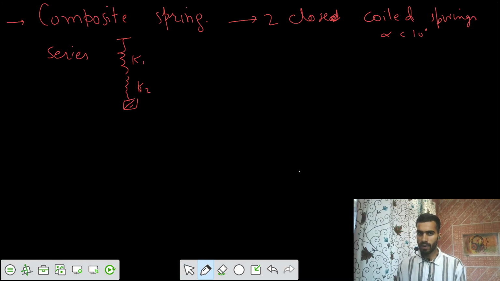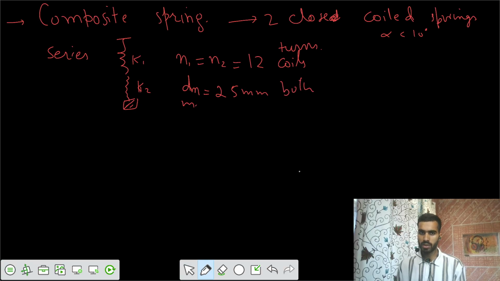Each is having N1 equals N2 equals 12 number of coils, or we can say 12 number of turns. And we have mean diameter DM1 equals DM2, that is 25 millimeter. Both have the same mean coil diameter about that helical axis.